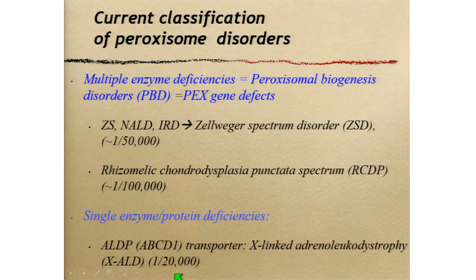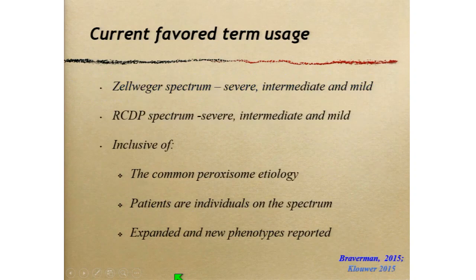But now that we know that they're all due to a peroxisome etiology, the current classification of these disorders is that of peroxisome biogenesis disorders due to PEX gene defects, which give multiple enzyme deficiencies, and that would be Zellweger spectrum disorder and rhizomelic chondrodysplasia punctata. And we also have a group of single enzyme or protein deficiencies, the most common of which is X-linked adrenal leukodystrophy, which is due to a transporter on the peroxisome membrane for very long-chain fatty acids and is actually not a PEX gene defect.